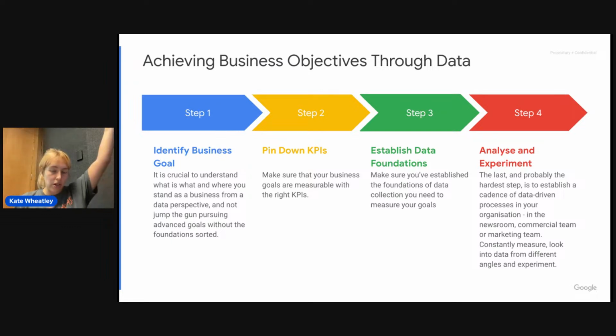This is when you design your data collection plan and you say, all right, we need to collect page views, completions, ad impressions, CPMs. We need to collect subscriptions, days since subscribed, number of articles read, and so on.